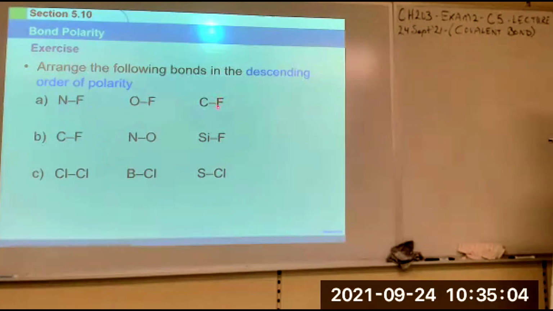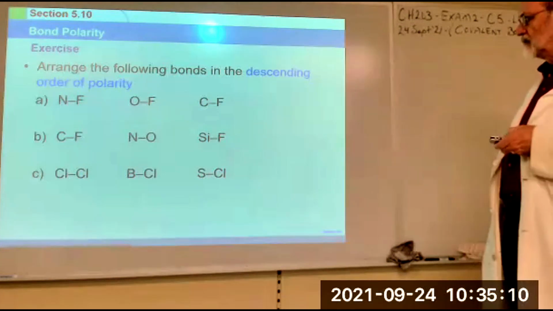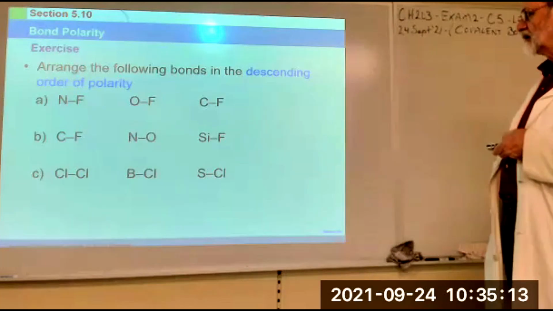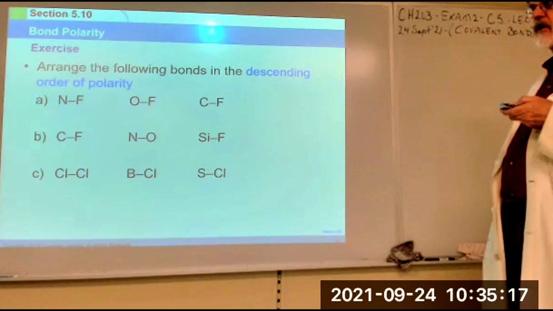Well, notice that they're all bound to fluorine. So all we need to do is say, how far away are they from fluorine in the table? Right? Which one's the farthest away? Let's see, nitrogen, oxygen, carbon.